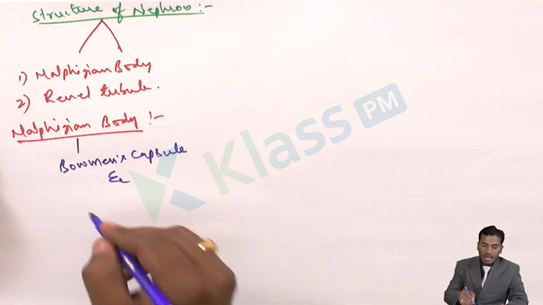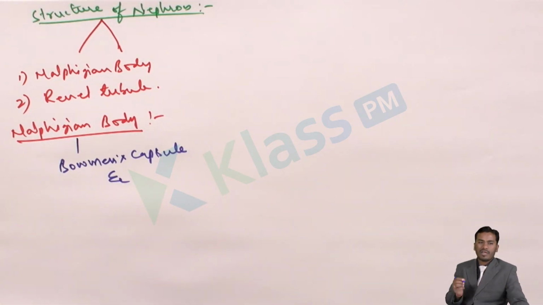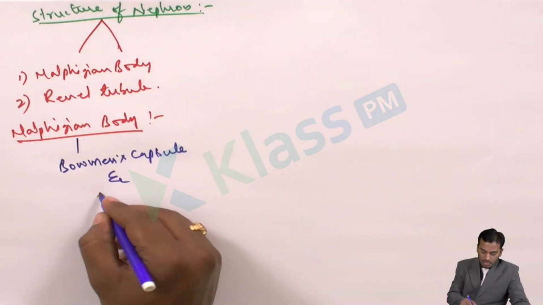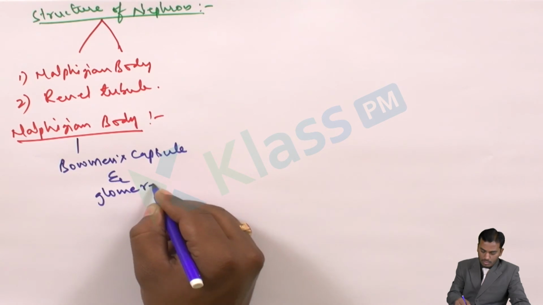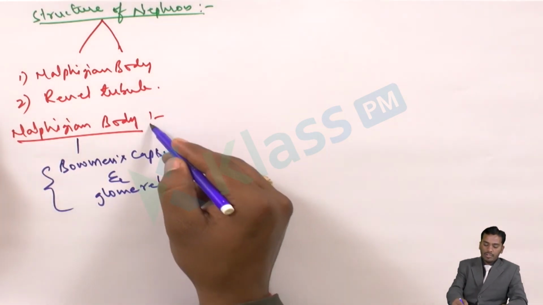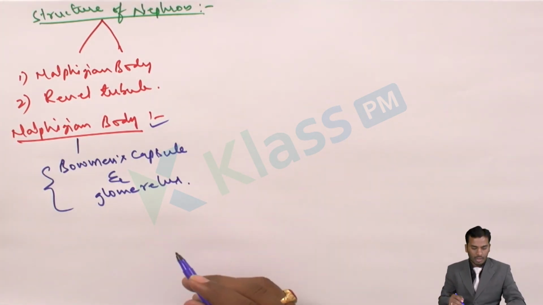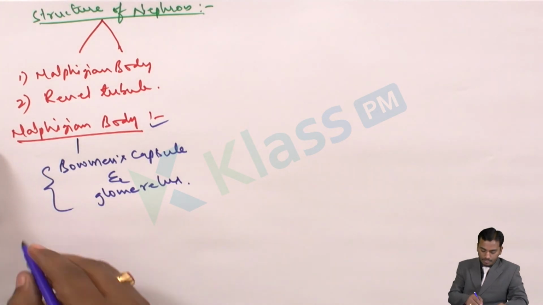Along with this Bowman's capsule there are small tiny blood capillaries, which are called the glomerulus. These two together form the Malpighian body or Malpighian tubule. And next what we have is the renal tubule.